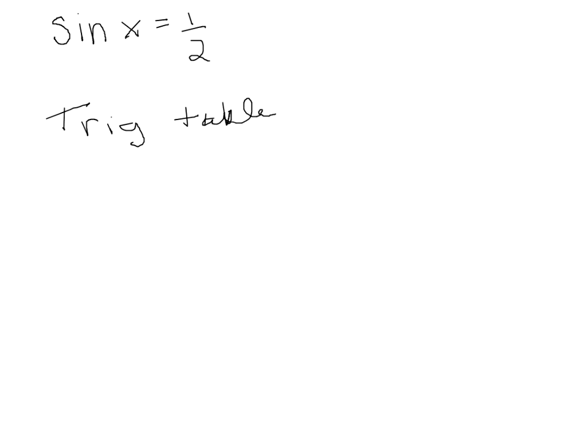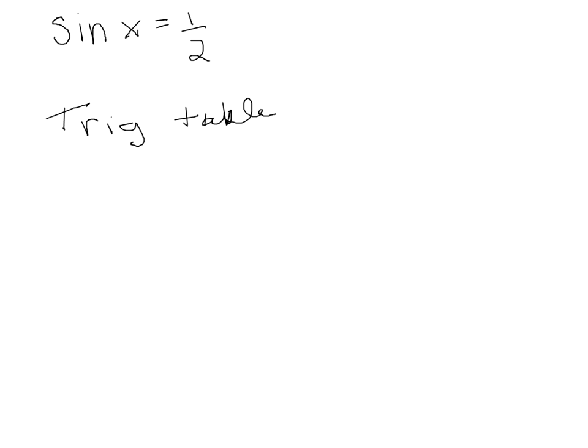Okay, so we're going to start solving trigonometric equations. And the first one we're going to solve is sine x equals 1/2. Now if we look in the trig table on the sine row, we see that 1/2 occurs twice.